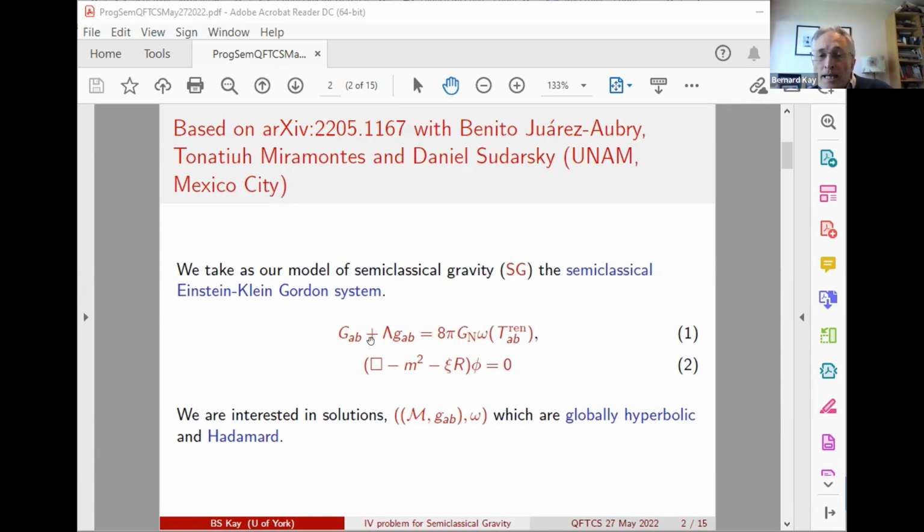So we shouldn't believe semiclassical gravity beyond order h-bar.